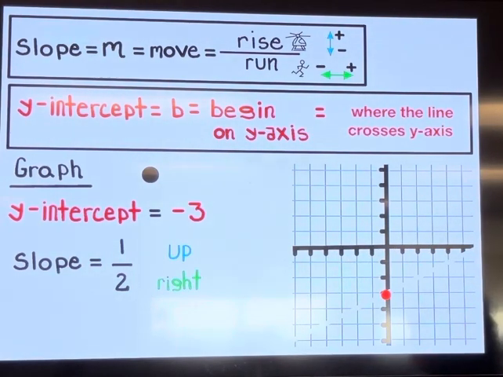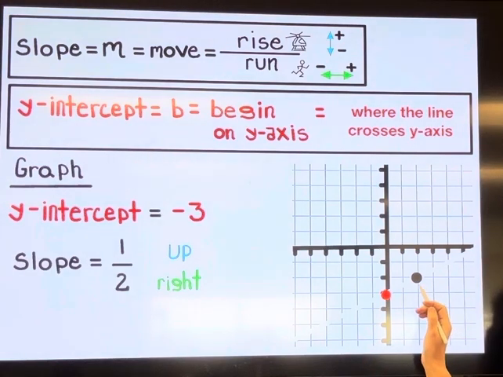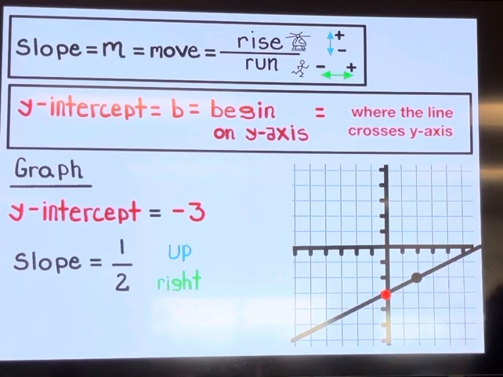So I'm going to begin at -3, and then rise 1, so up 1, run 2, right 2, and now I have another point, and I'm going to draw in my line.